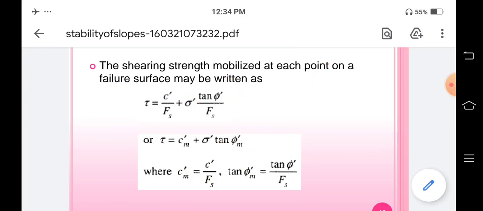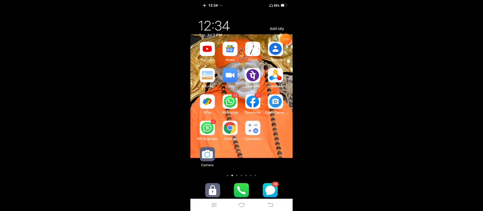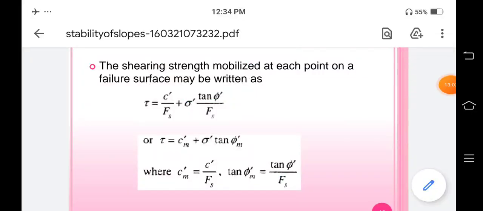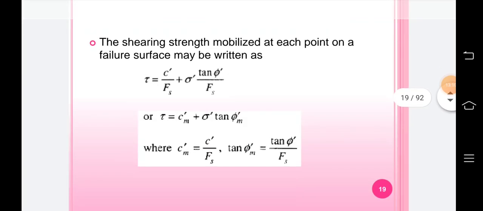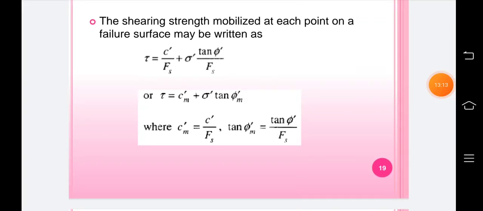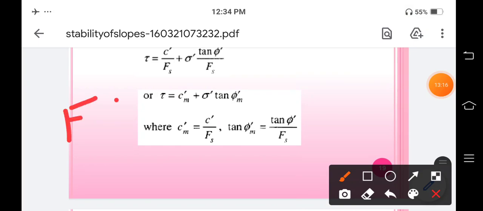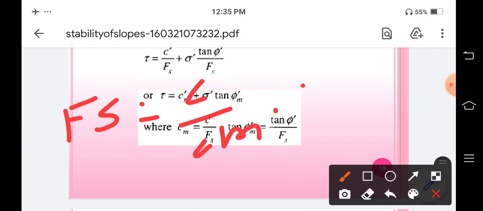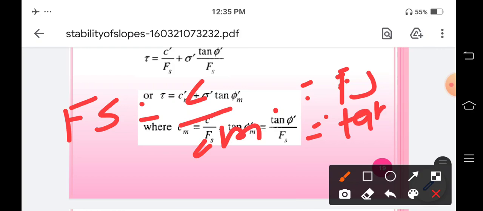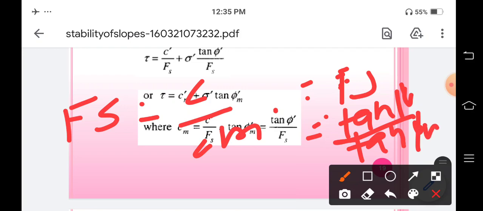So our formula became Fs equal to C dash upon Cm dash, and Fs equal to tan of phi dash upon tan of phi m dash.